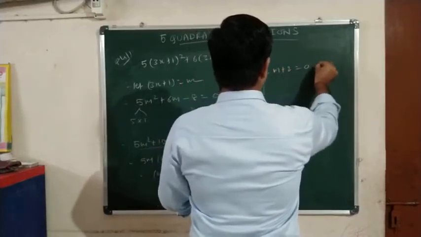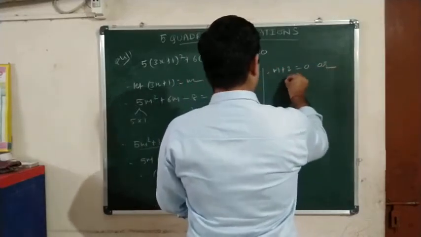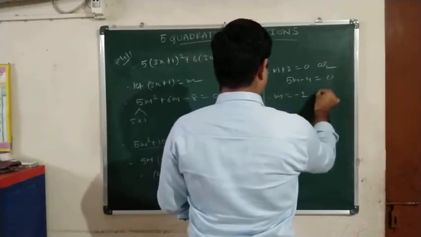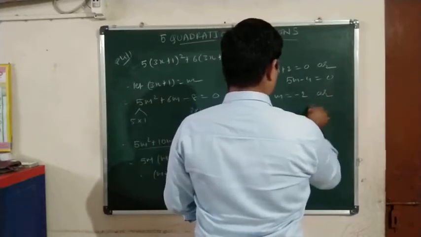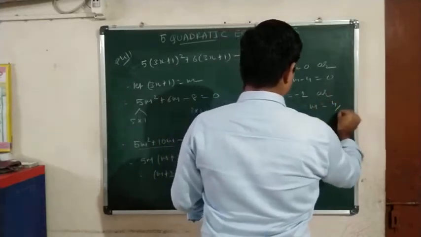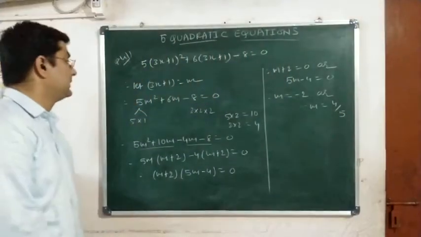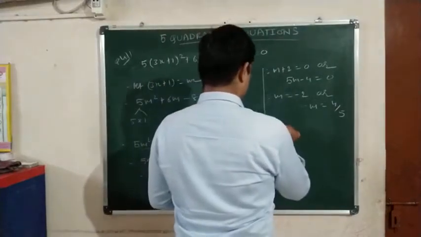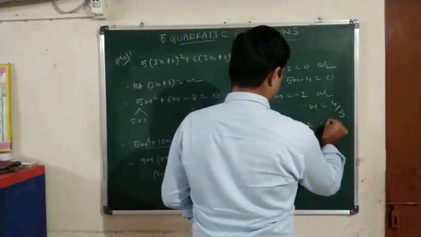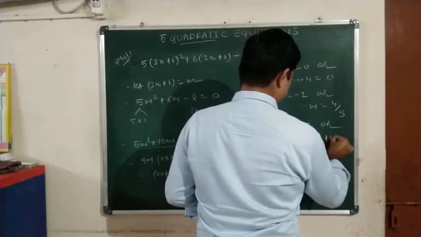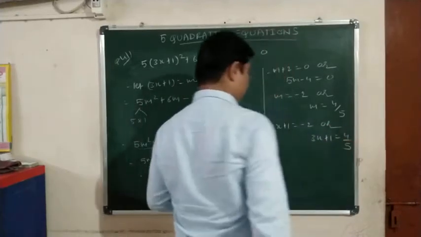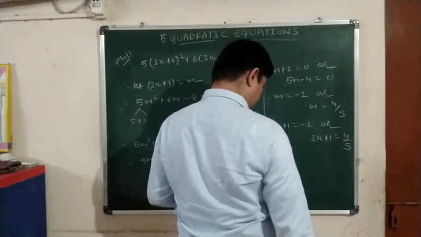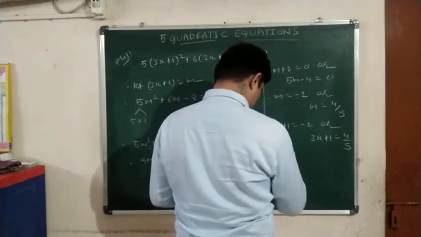Therefore m plus 2 is equal to 0, or 5m minus 4 is equal to 0. Therefore m is equal to minus 2, or m is equal to 4 upon 5. Now for m we can substitute 3x plus 1. Therefore 3x plus 1 is equal to minus 2, or 3x plus 1 is equal to 4 upon 5. Therefore x is equal to minus 2 minus 3 by 3, minus 1.